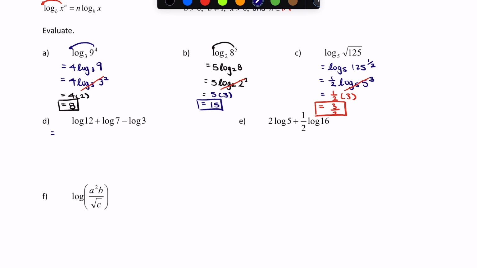And again, all the bases are the same, which is why we can do that in this situation. So we can rewrite it as log base 12 times 7 over 3, just equal to log 28.